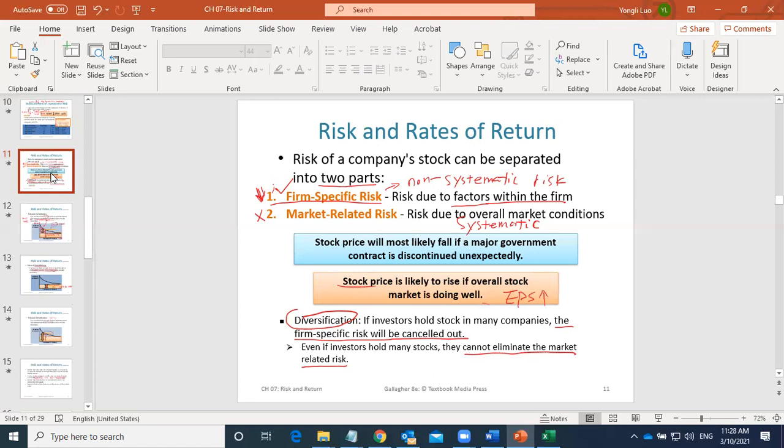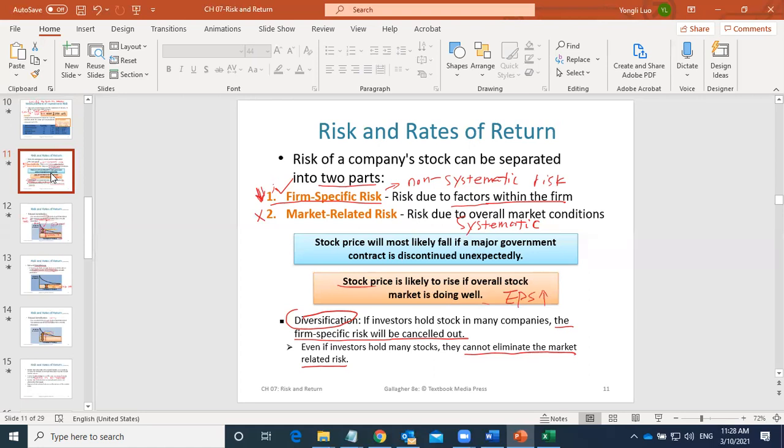No, right? When you buy stock, whatever, you buy one or two, three, you still experience the risk, okay? So the risk is still there. The only part you can reduce is the firm-specific risk, not the market-related risk. Okay, that part of risk is still there, right?